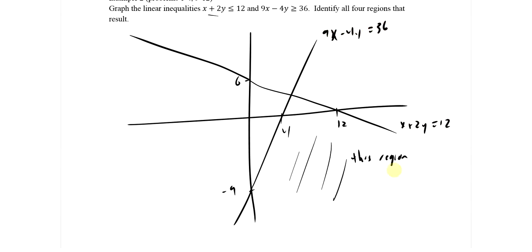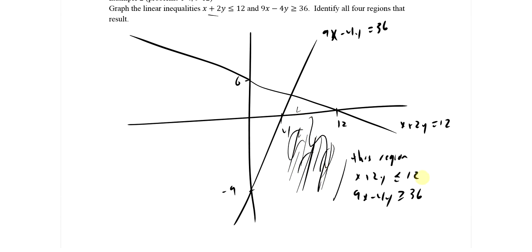This region we know was x plus 2y is less than or equal to 12, 9x minus 4y is greater than or equal to 36. Right? That's what this region is, because that's the problem we just found. So this region, this quadrant, whatever this place is, it corresponds to these two inequalities.